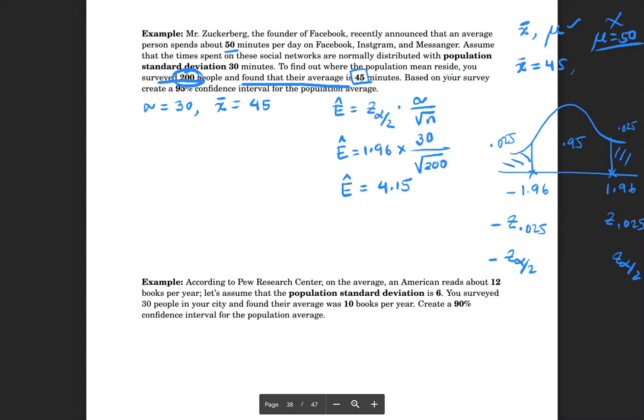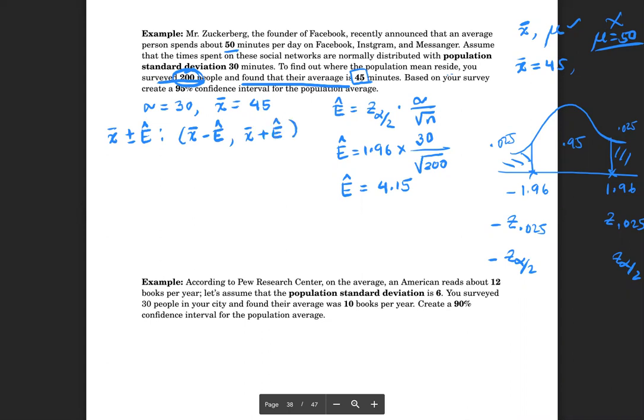So your confidence interval is going to be X bar plus or minus E hat, which is X bar minus E hat, comma, X bar plus E hat.